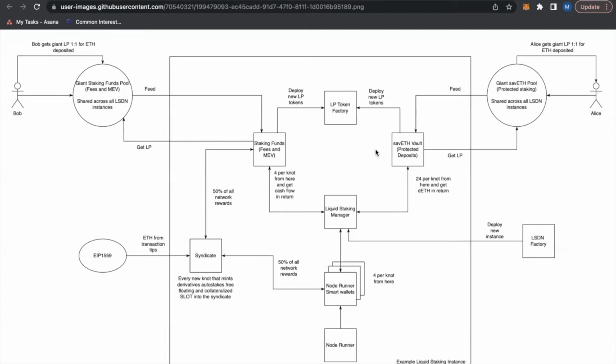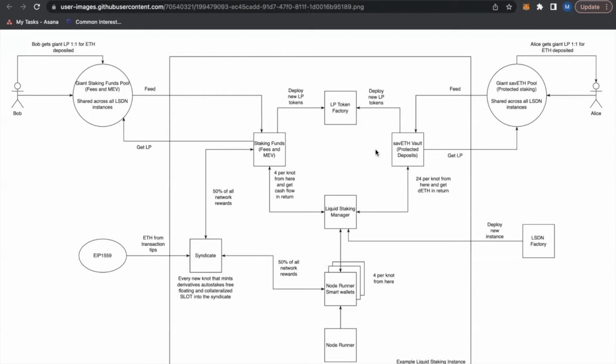The less technical people who want to throw ETH into the giant pool just put it in there. A node runner is more technical. They say, okay, I can grab it from this place, that place, as long as they've used a liquid staking network deployed by the official factory. A bit like Uniswap will only recognize the liquidity pools deployed from its own factory, right?